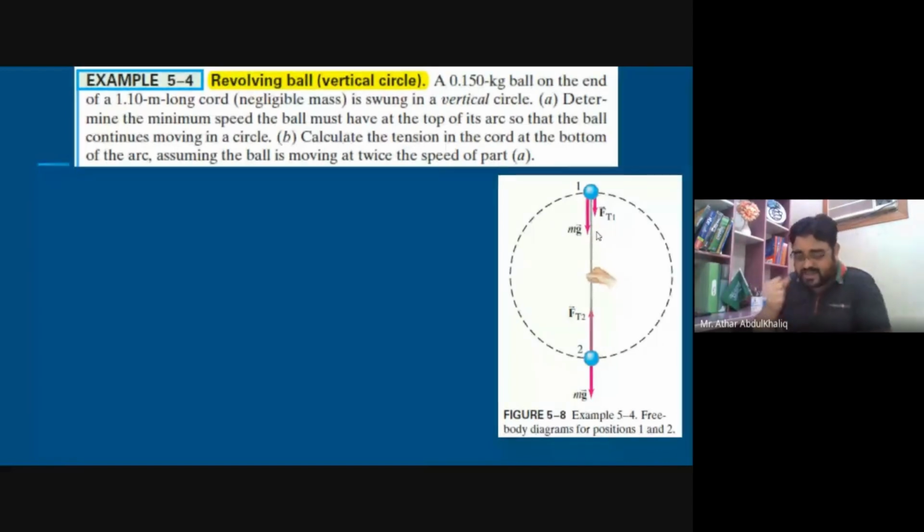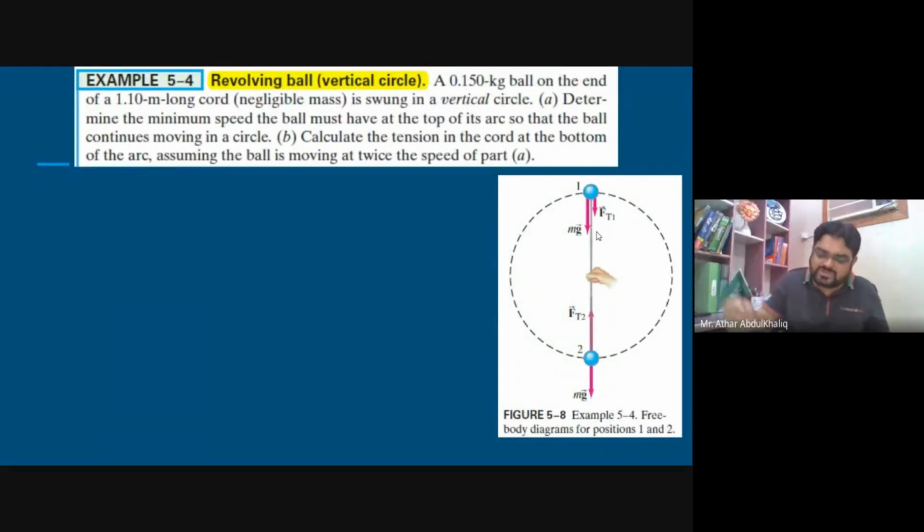So as the speed increases, the cord will be more taut, more tight. But if you reduce the speed, the tightness of the string will be less.